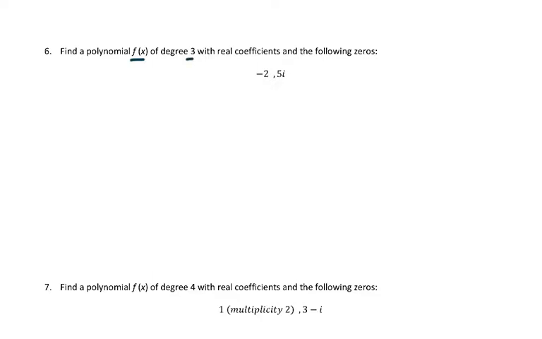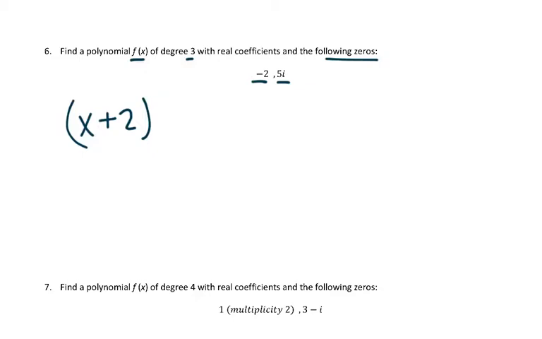So knowing that, now we're asked to find a polynomial f of x with degree 3 with real coefficients and the following zeros. They give us negative 2 and 5i. Now remember, a degree 3 polynomial must have 3 zeros. And so right now, I know I have x minus c for the negative 2, which is going to be x plus 2.